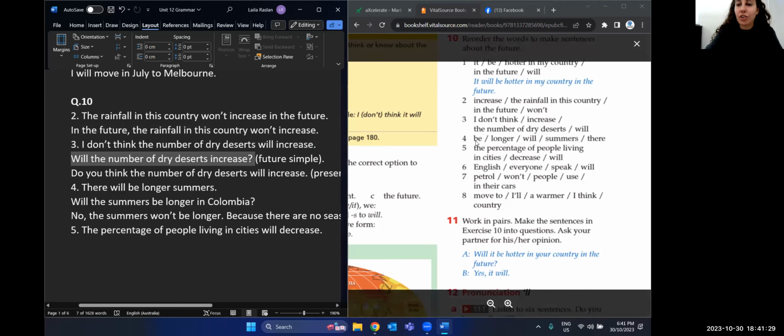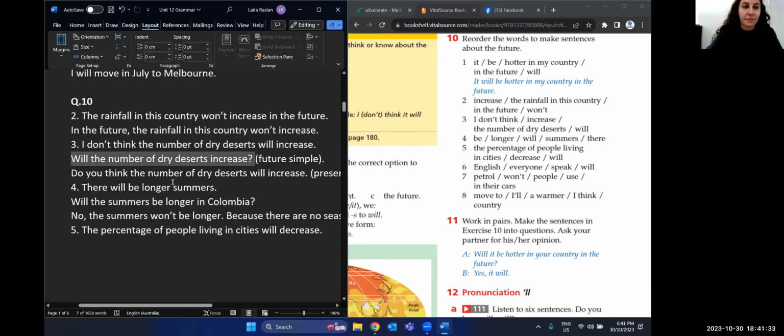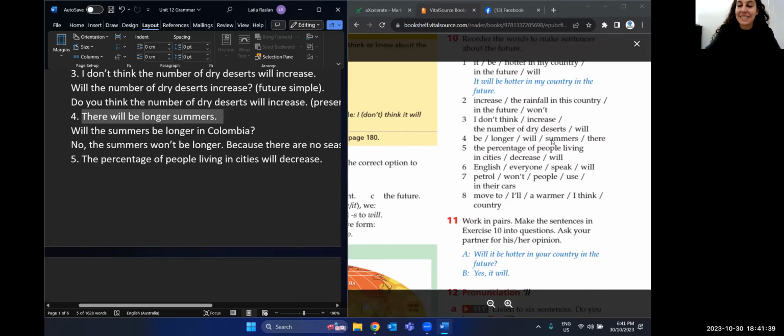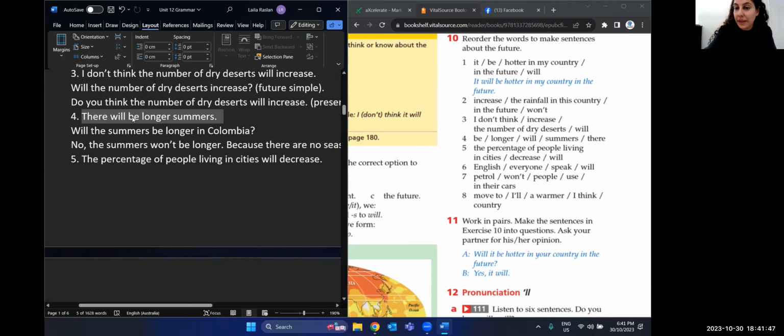Number 4. So we have a comparison. We're comparing because it says longer. It's an adjective. We add the ER to compare. So there will be longer summers in the future.